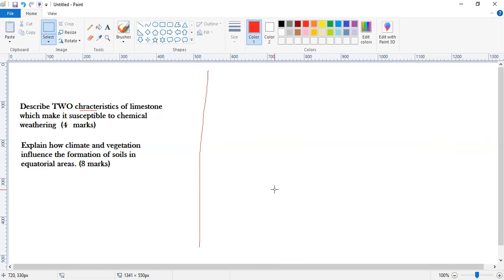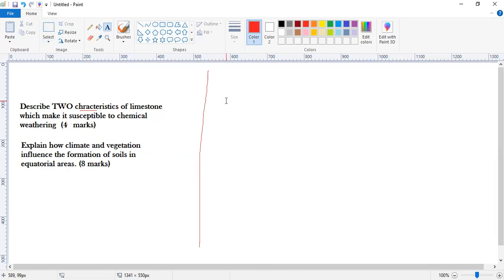If you're trying to decide what to say, look at the rest of the question. You're going to say how these 2 characteristics that you've identified make limestone susceptible to chemical weathering.